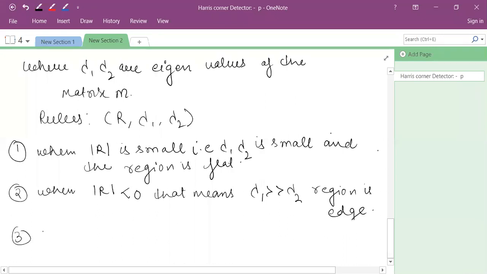The third: when R value is large, lambda 1 is very similar to lambda 2, and the region is a corner.